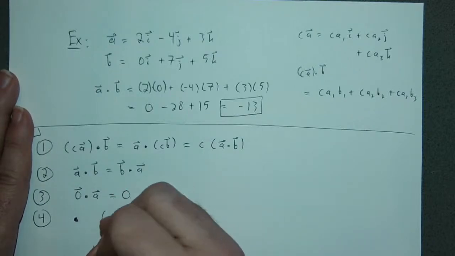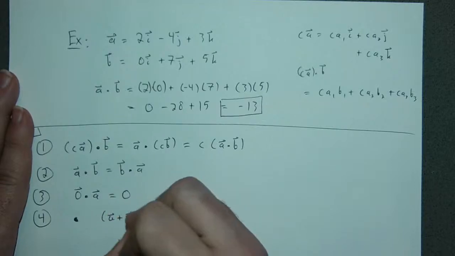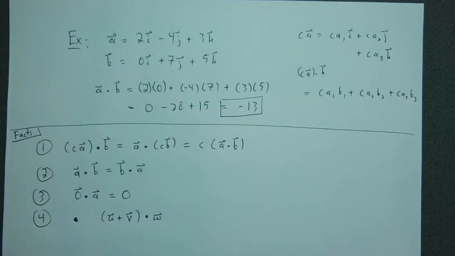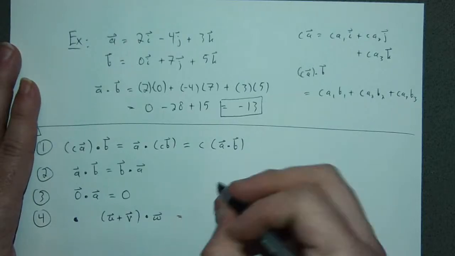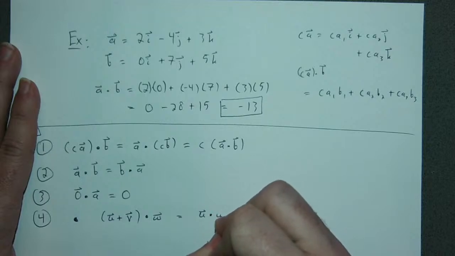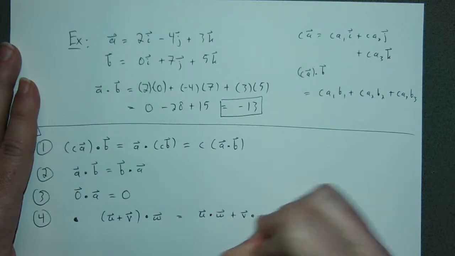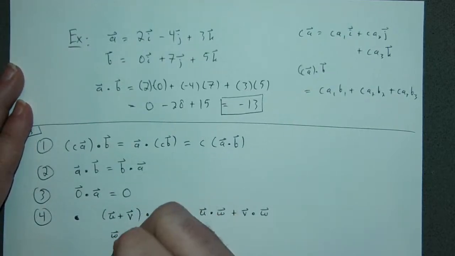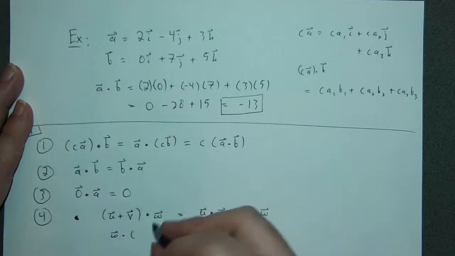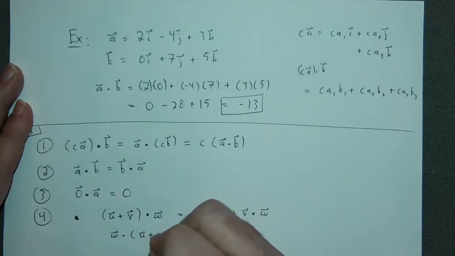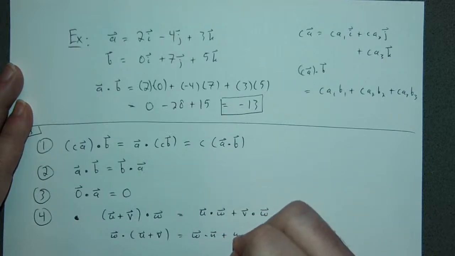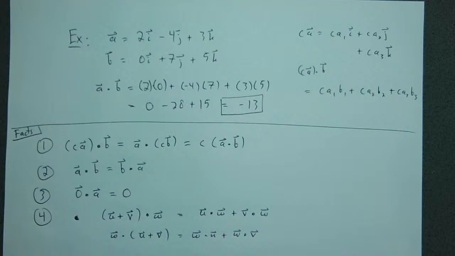So let's say that we have a vector sum of vectors, and we dot that with a third vector, w. This is u dotted with w plus v dotted with w. And I can also do it in the other direction. By commutativity, this is the same thing. This is w dotted with u plus w dotted with v. So a bunch of nice properties here.